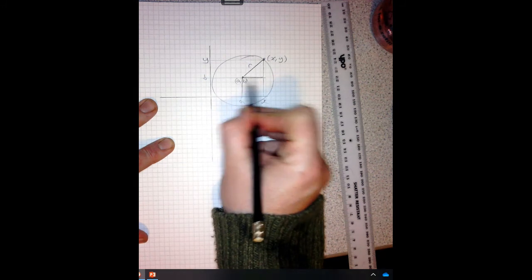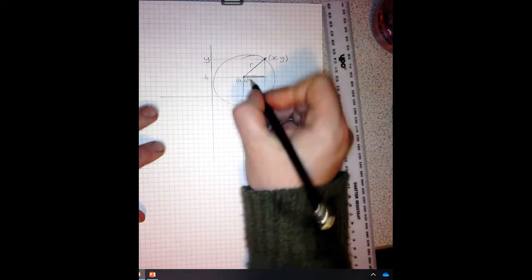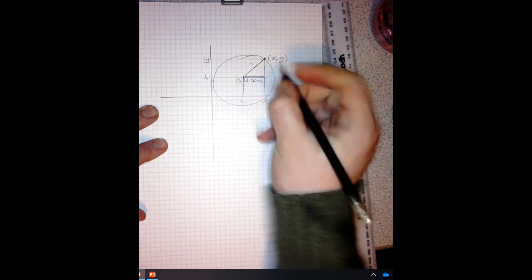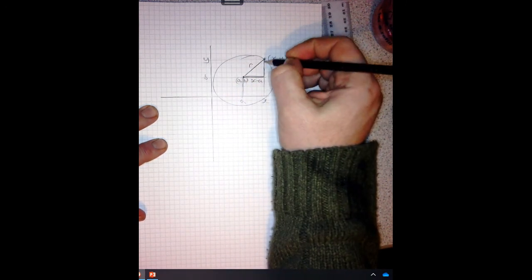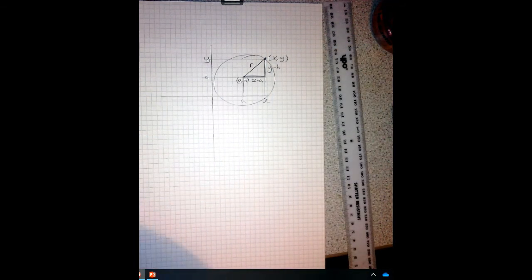So again, by Pythagoras, square the two short sides, and they equal R squared.